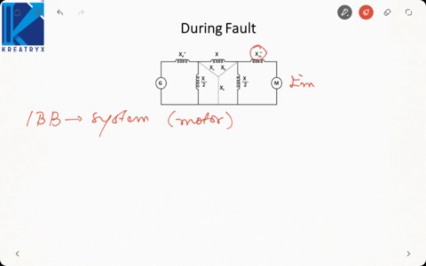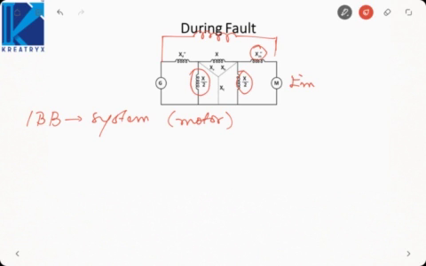Now when the transmission line is short circuited from the middle, the reactances will divide like this, x by 2 and x by 2. Now we have to find the transfer reactance between these two points. What is the reactance between the generator and the motor?